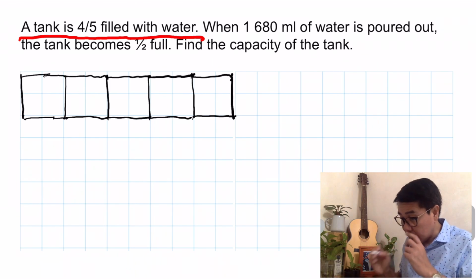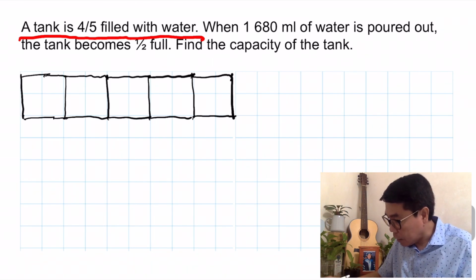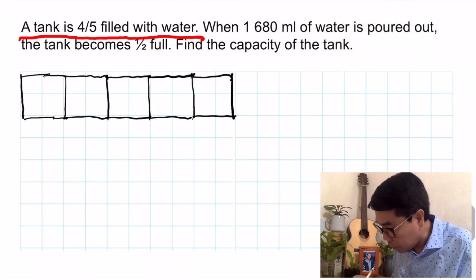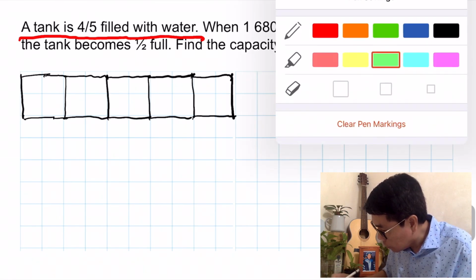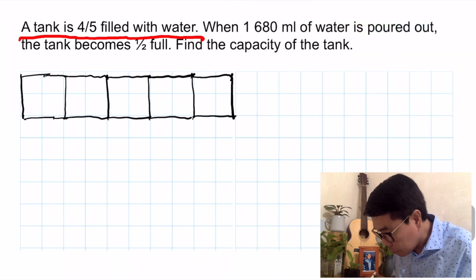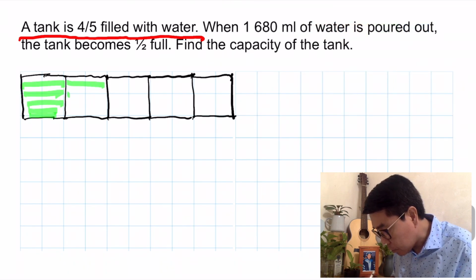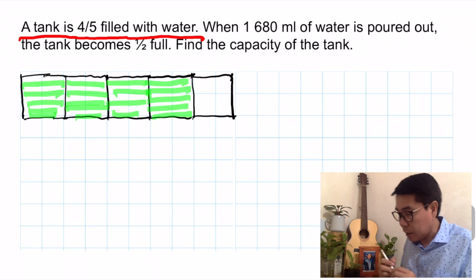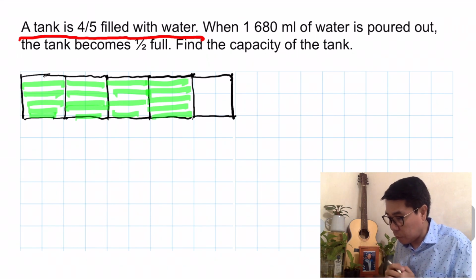Okay, so 1, 2, 3, 4, 5, and then I need to show 4/5. Okay, 2, 3, 4. Okay, so that one is 4/5 already.